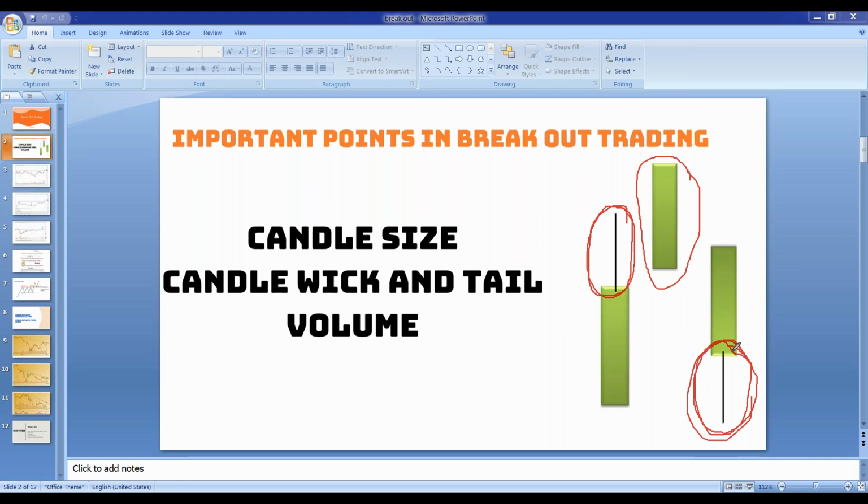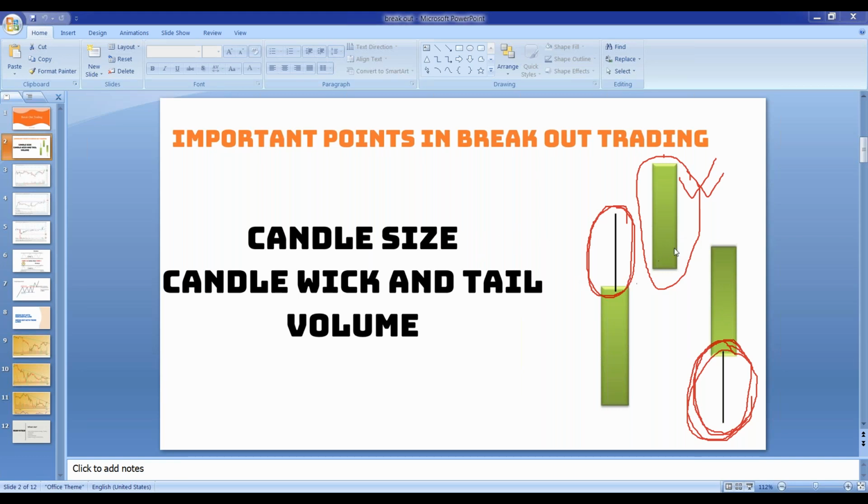That's why there is a wick formation happening here. And in this case, brutal buying happened, because there is neither an upper wick nor a lower wick. Although in technical analysis we call it a different thing, marubozu we generally call it. But we are not talking about candlestick patterns, we are talking about breakouts.